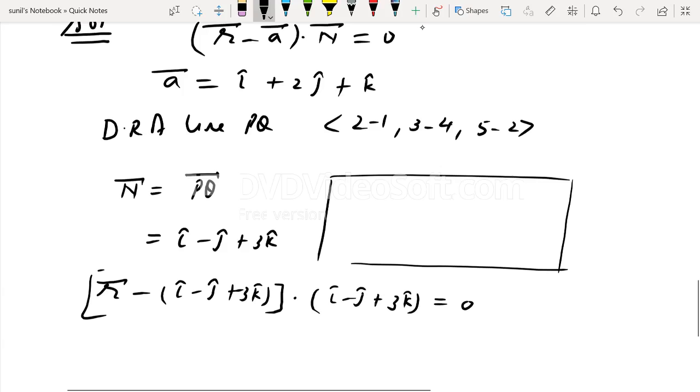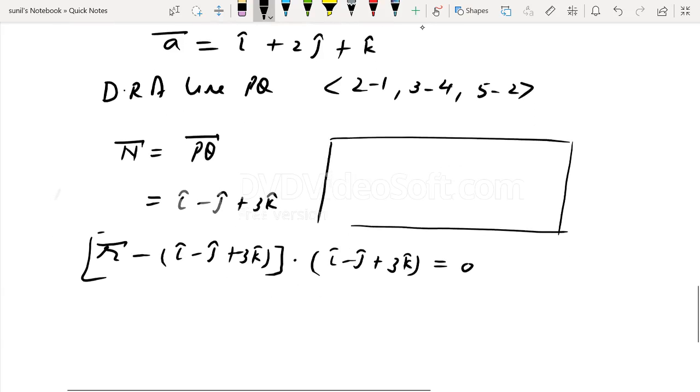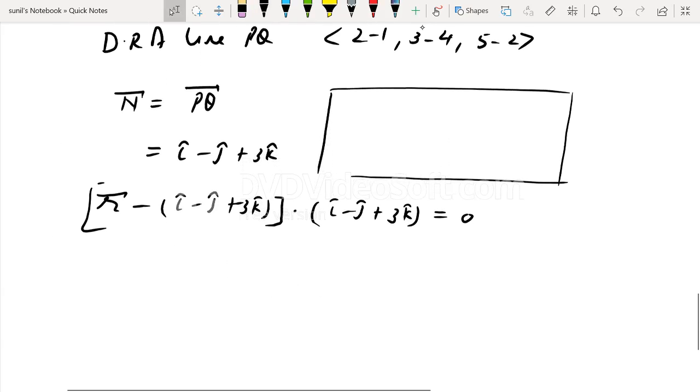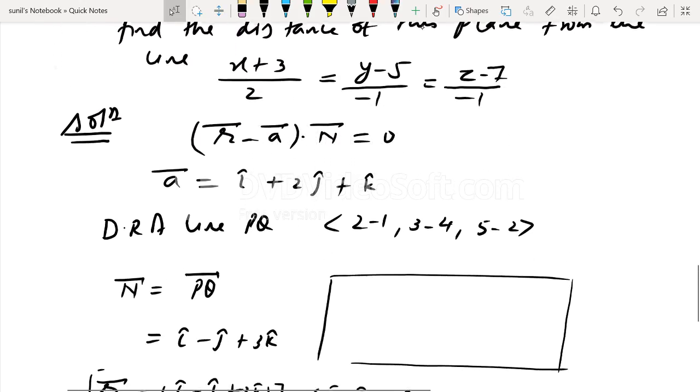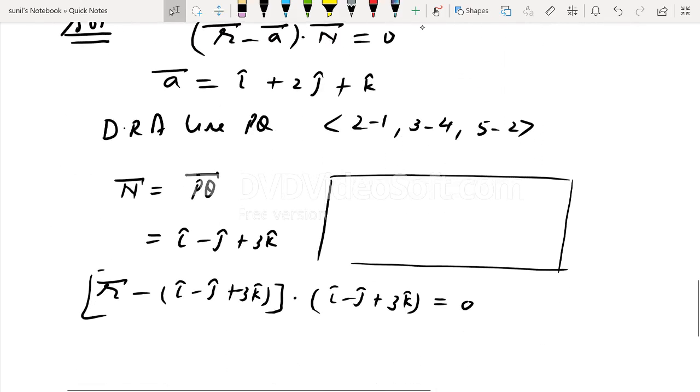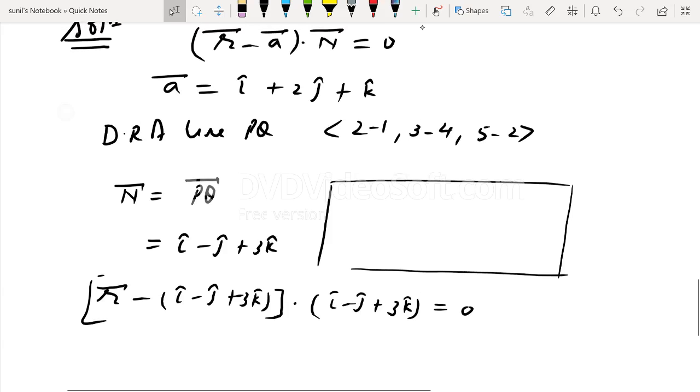Now if I get the Cartesian equation of this plane... in fact we have substituted this point A at the wrong place and it should not be the same one. Our A vector is somewhat different. Our A vector is simply i cap plus 2j cap plus k cap.